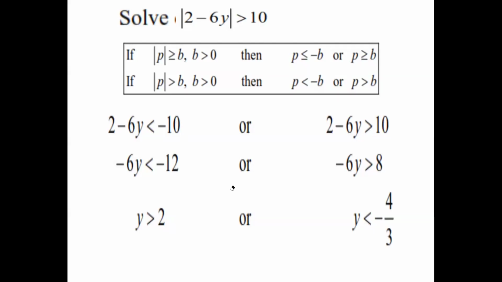Both times, notice you have to divide by a minus 6, so the inequality sign has to be flipped around. Here too, you just flip it around. Just be conscious of that. Sometimes you forget how you solve an inequality.